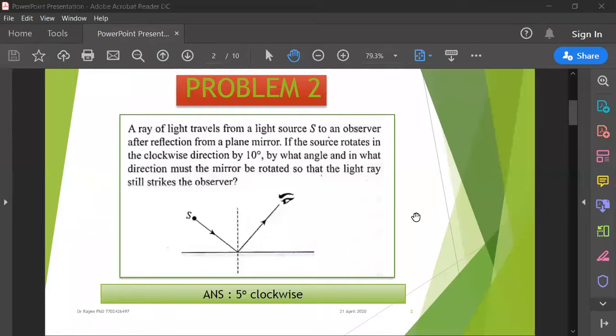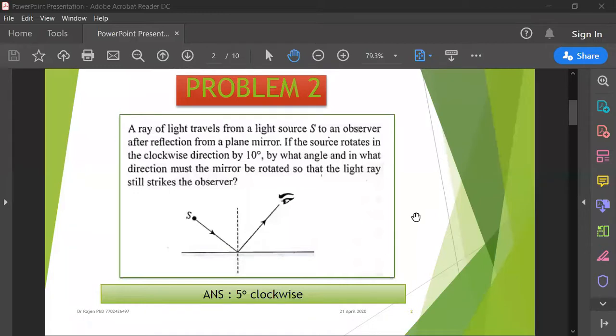If the source rotates in clockwise direction, students, suppose this is the original diagram. Suppose this source rotates clockwise in this direction by 10 degrees, means right now this is the incident ray. This is 10 degrees, students. So that's why it is theta minus 10.